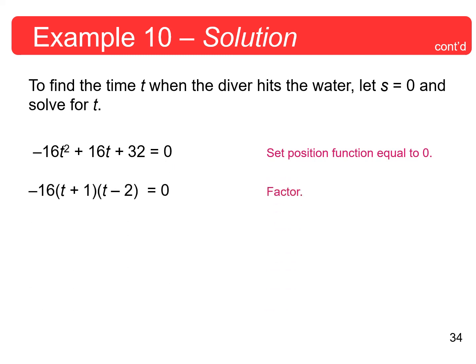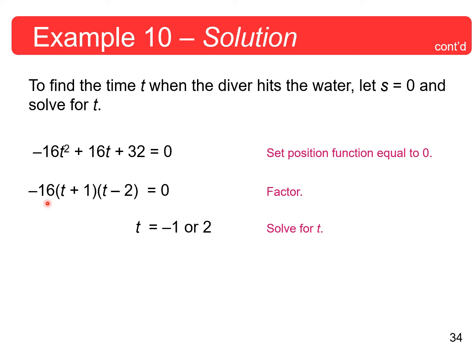First, let's factor out 16. 16 is a common factor here. And then whatever is left, you have to factor it out. So this expression can be factored into negative 16 times t plus 1 times t minus 2, and then equal to 0.